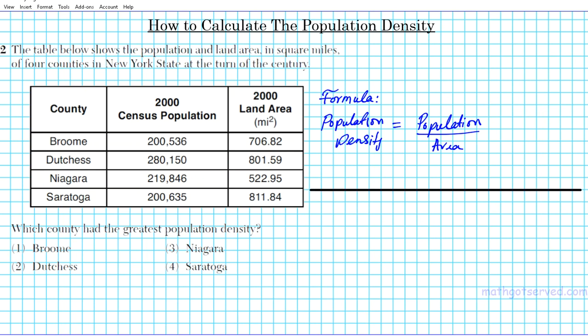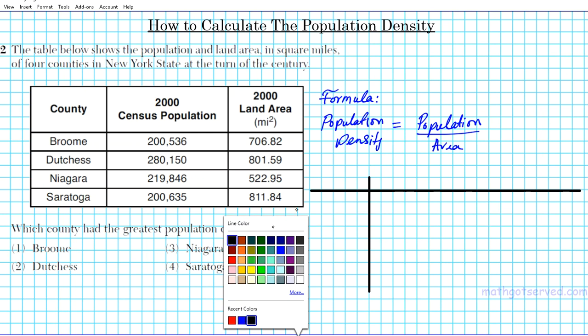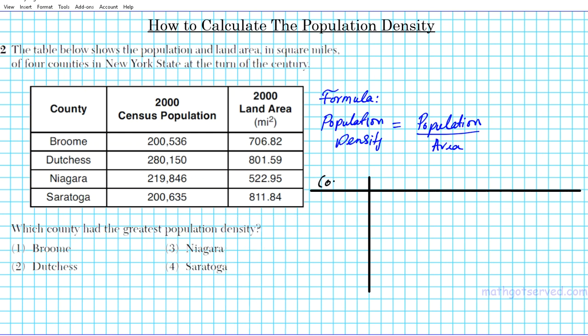Alright, so let's make ourselves a nice little table so we can have our work nicely organized. So in the first column, we are going to place the location or the county. And then on the second column, we're going to calculate the population density by computing the quotient of the population divided by the area.